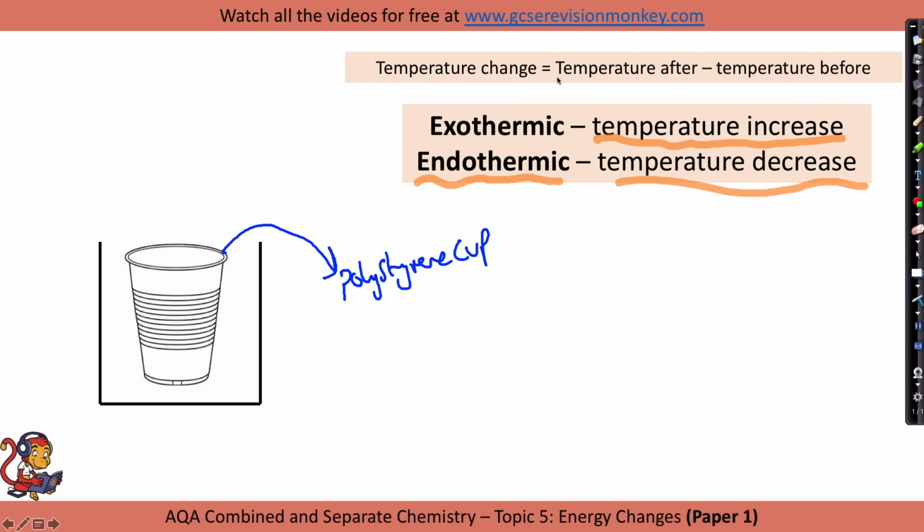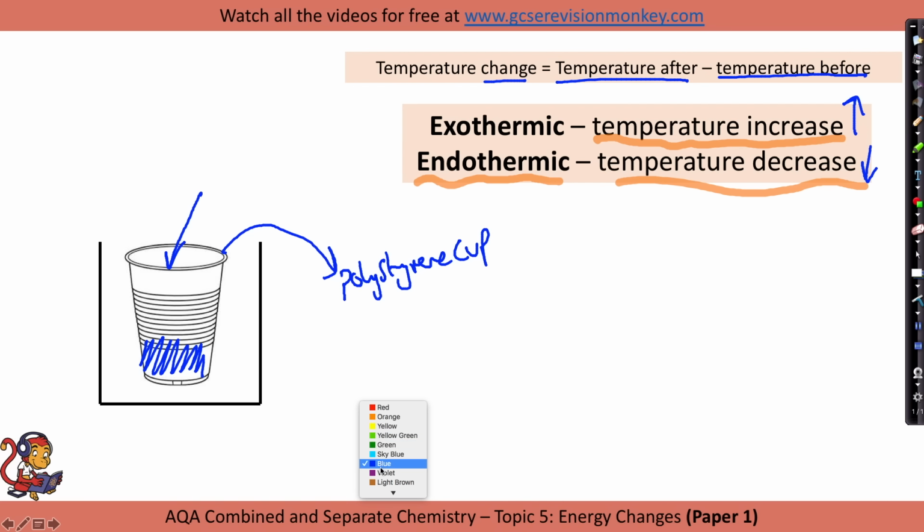So in the reaction, to get the temperature change, we're going to measure the temperature after and take that away from the temperature before. Now if it's an exothermic reaction, like I said, that'll be a temperature increase, and if it's an endothermic, we would see a temperature decrease. So we would put one of our reactants inside the cup, and then we would use a thermometer to measure the temperature before.